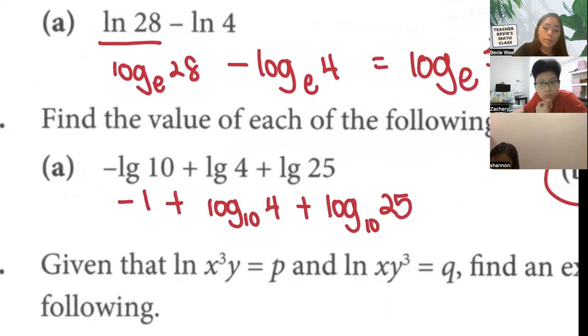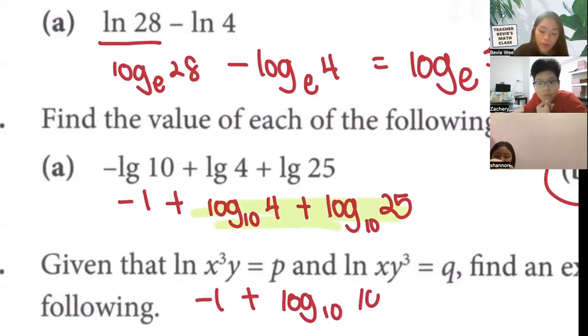What can I do to combine this part up? This gives me minus 1 plus log 10 of 25 times 4, 100.